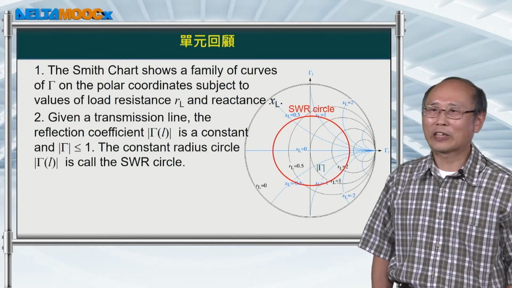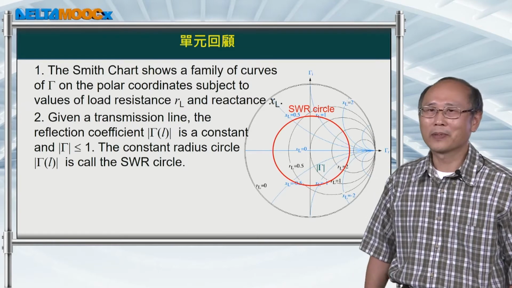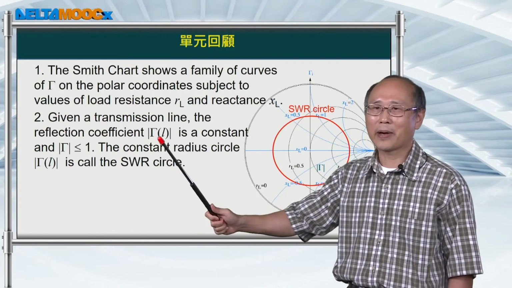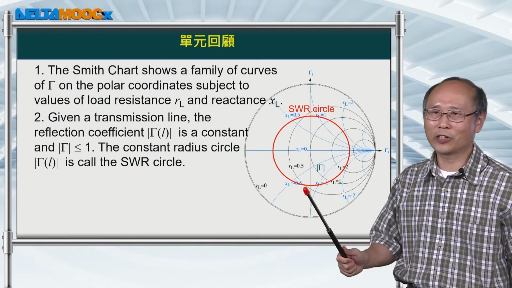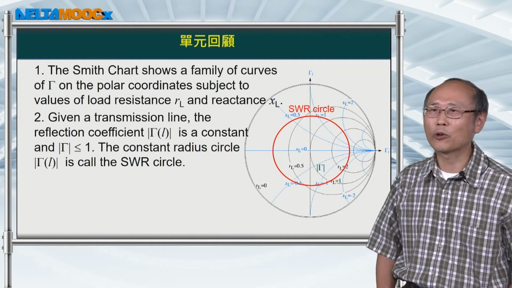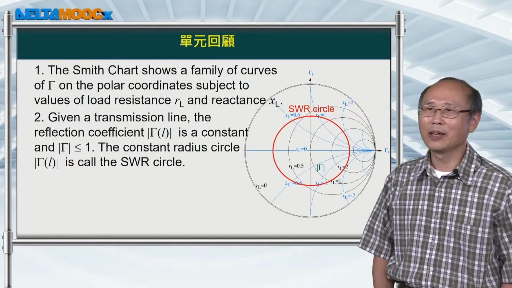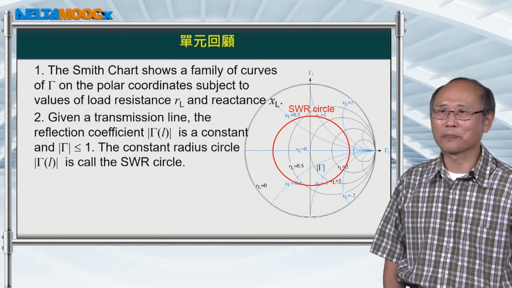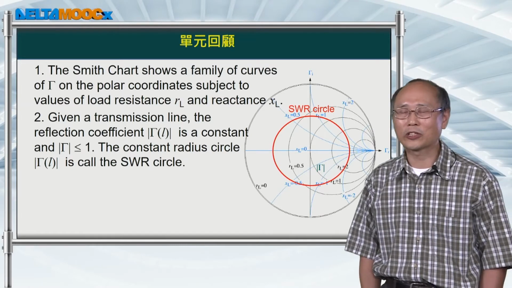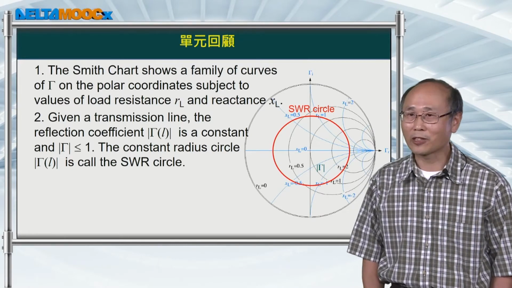For a given transmission line, the gamma L on this Smith chart is a circle, and we call this the standing wave ratio circle.